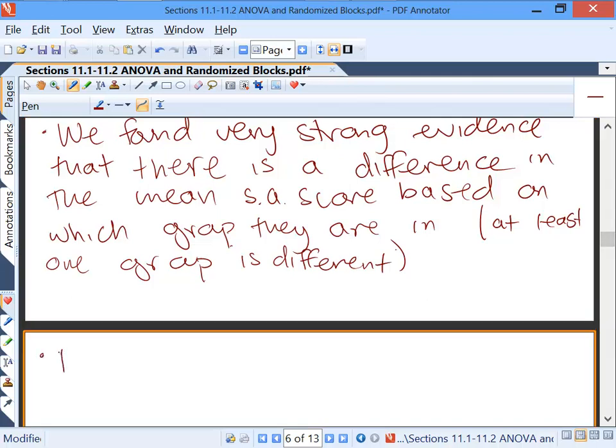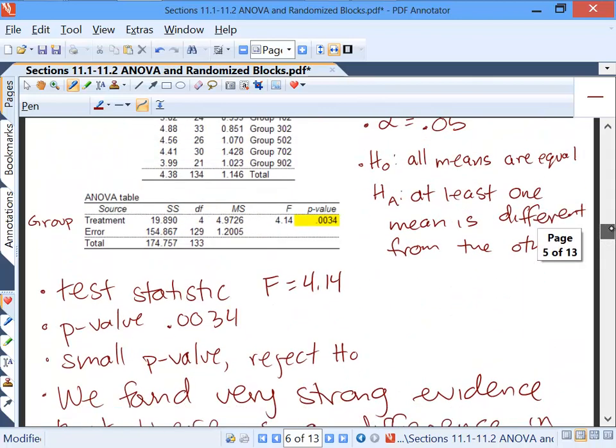We also want to find R squared. So if you look back at the previous page, what was the formula for R squared? SSG over SST, right? So we just need to pull both of those values off our table.